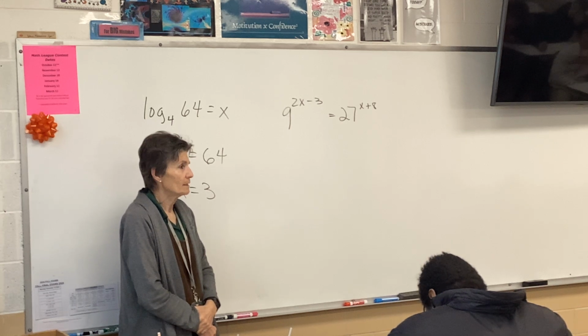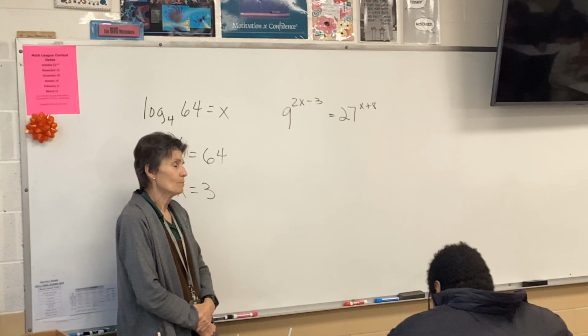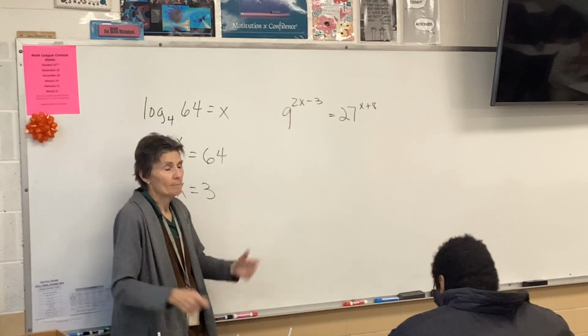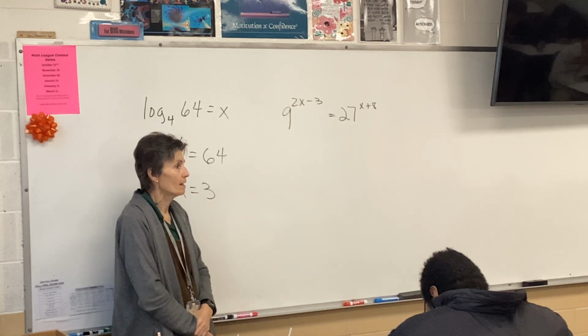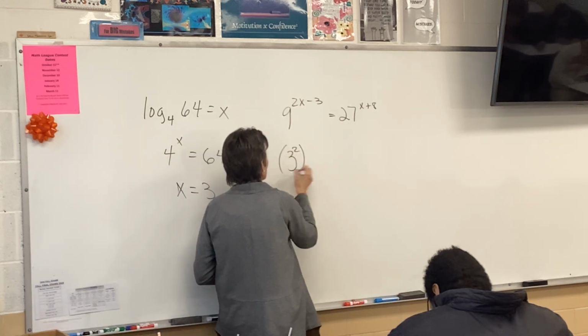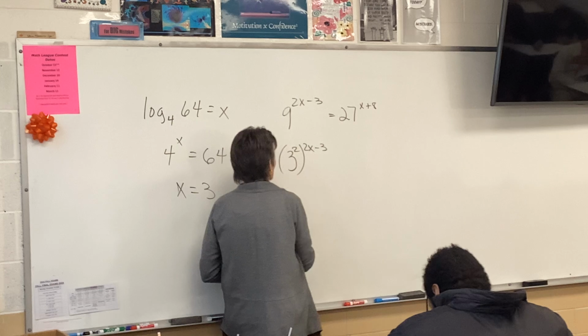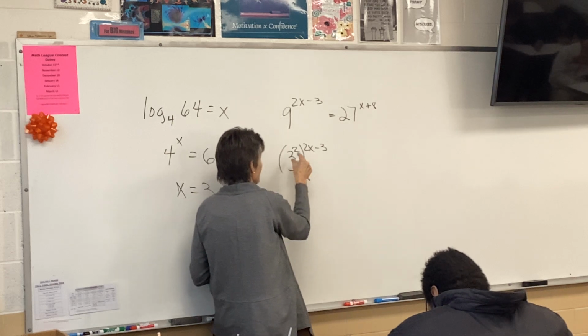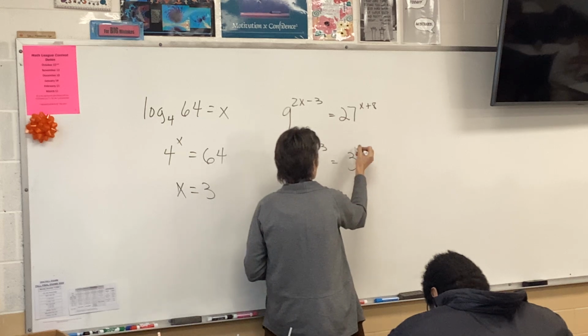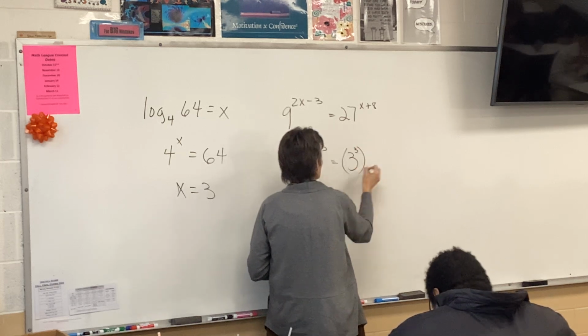Find a common base. And honestly, when you see 9 and 27, that should click with you because they are both powers of 3. So 9 is 3 squared. So when you change that 9, it's 3 squared. And then what's 27? 3 cubed.